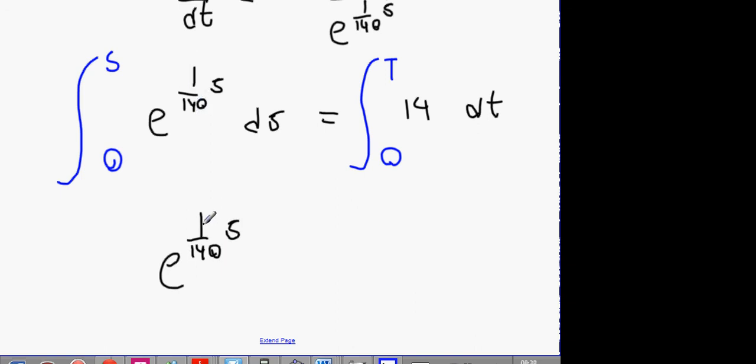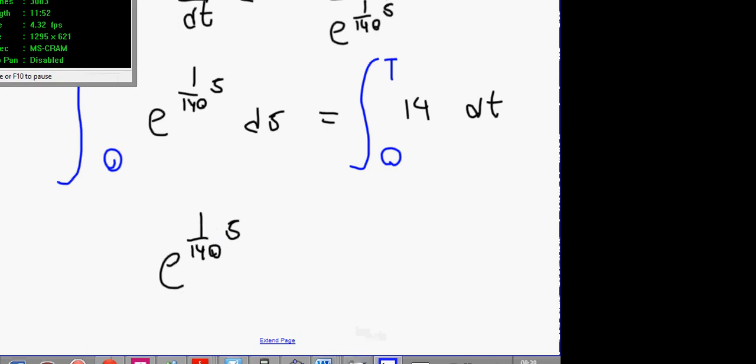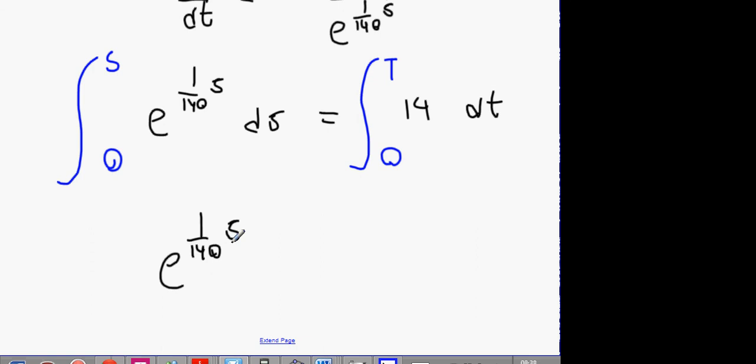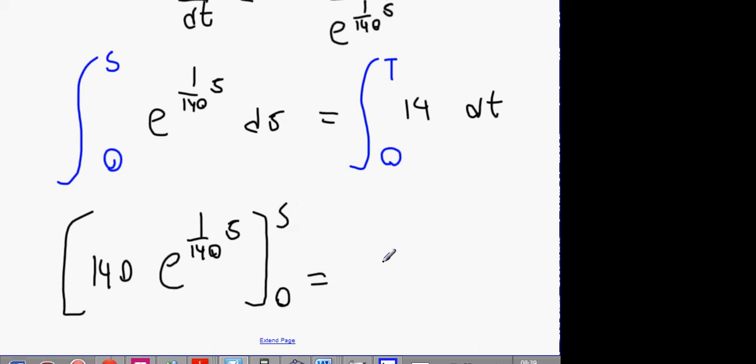When you integrate that, we need 140 at the front, because when you differentiate it, the 1 over 140 comes to the front, so that balances it out. That's from 0 to S. The other one is going to be 14t.